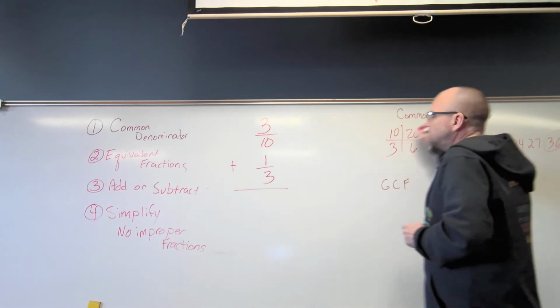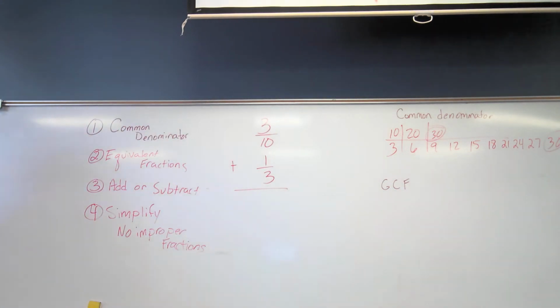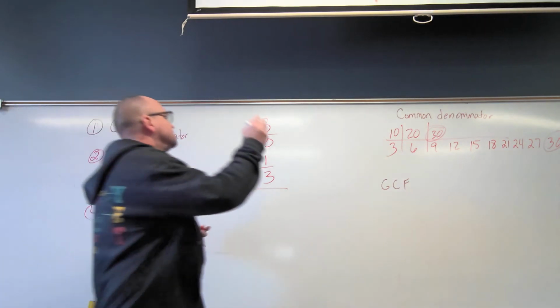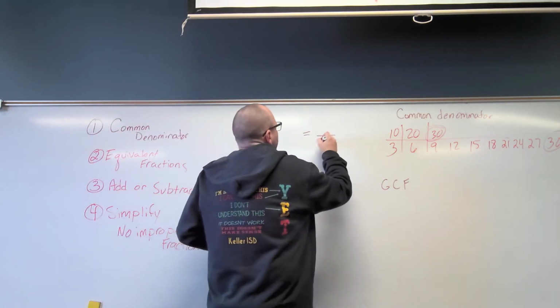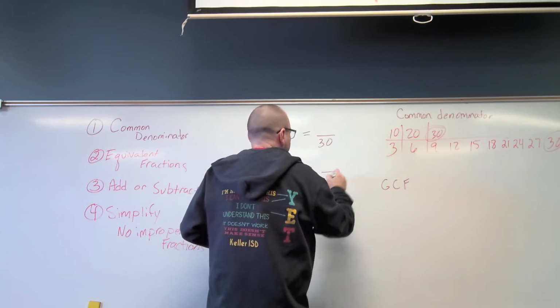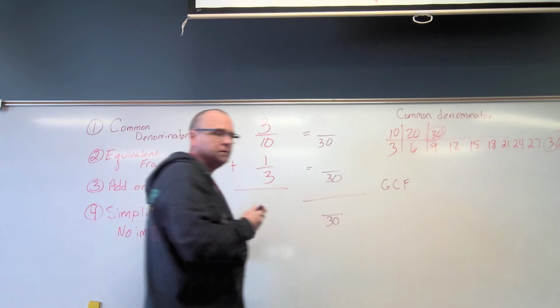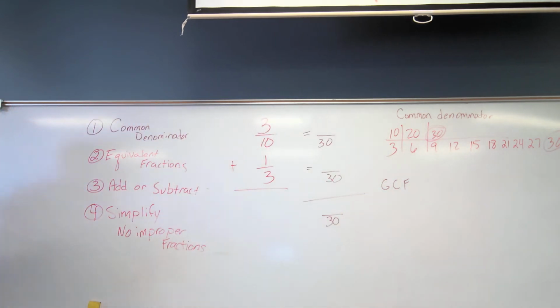The first one they have in common is 30. We've done step 1. Now we need to make these fractions both have a denominator of 30 without changing the value. And obviously the answer is going to start with the denominator of 30.